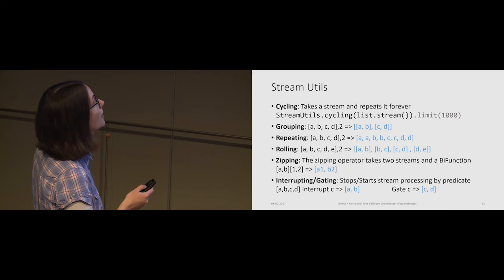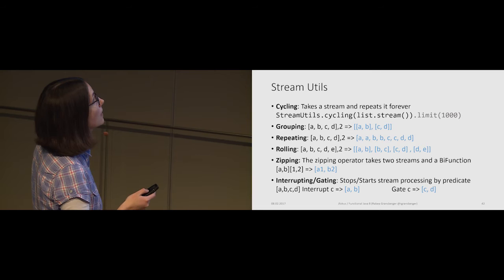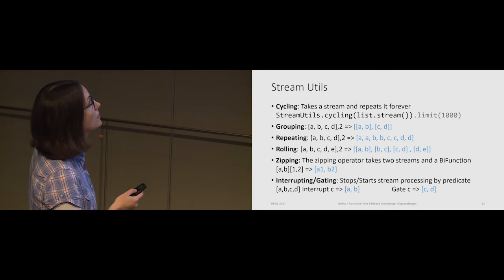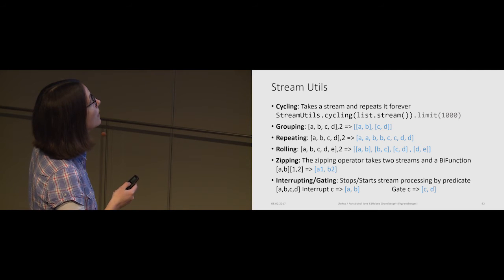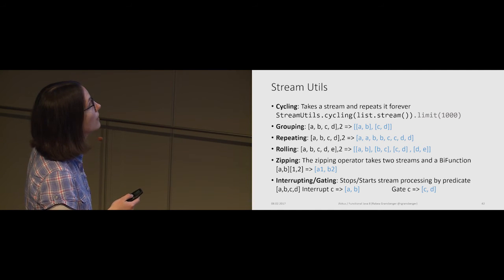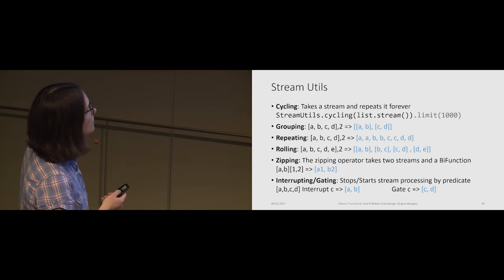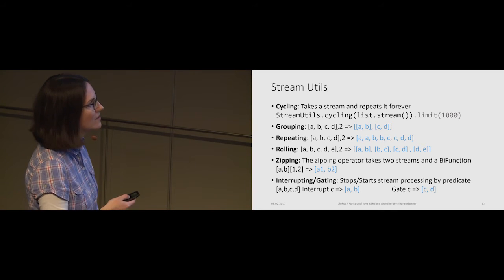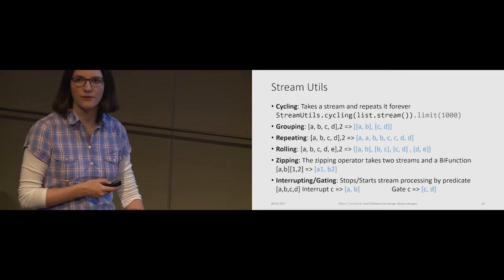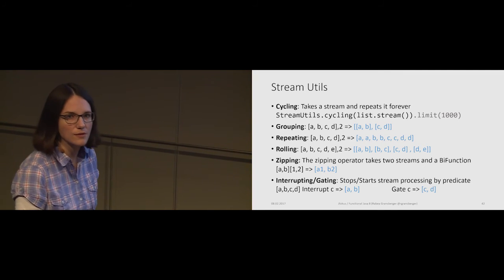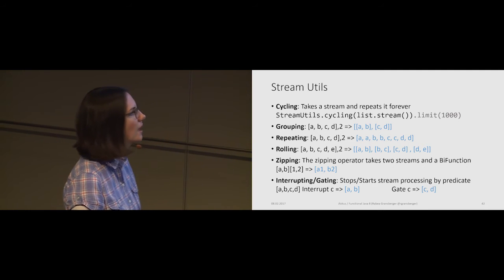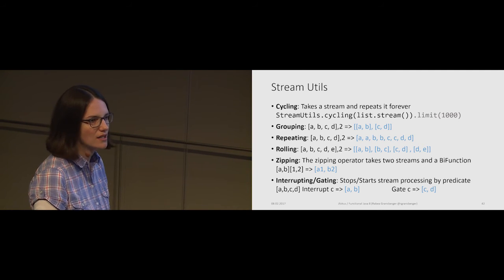So if we group them by twos, we get a stream of lists. We can repeat elements 2 times, very simply. We can get them rolling, so rolling pairs here, A, B, B, C, and so on. Zipping is also possible. And we can also say interrupt at a certain element, like a poison pill, for example, if you're processing some streams and you want to stop at a certain point, or gating, which means starting at a certain point.